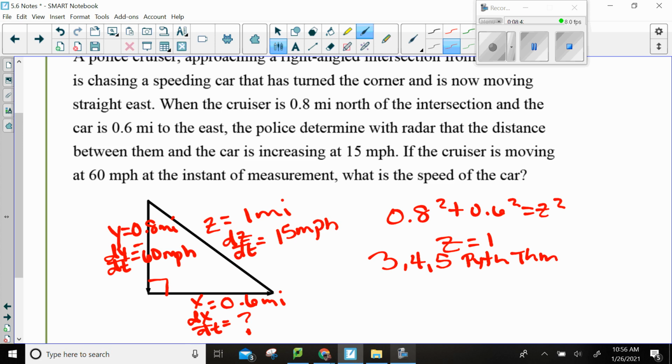I do bring this up in class, but I wanted to say it again. You can double or triple Pythagorean triples and you still have a Pythagorean triple. So 0.6, 0.8, and 1 is another Pythagorean triple. That's how I can do it so fast.